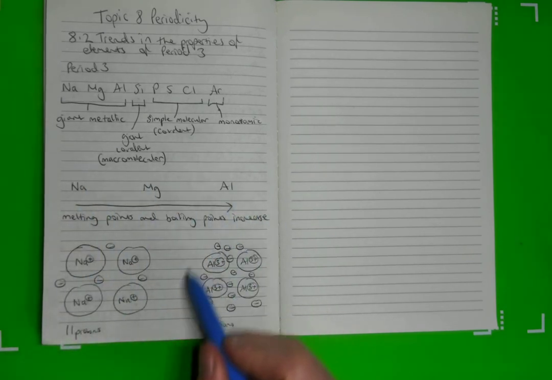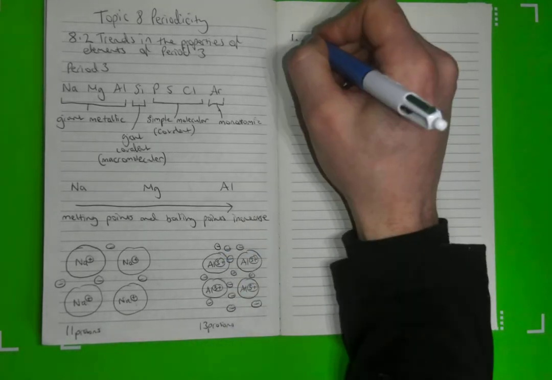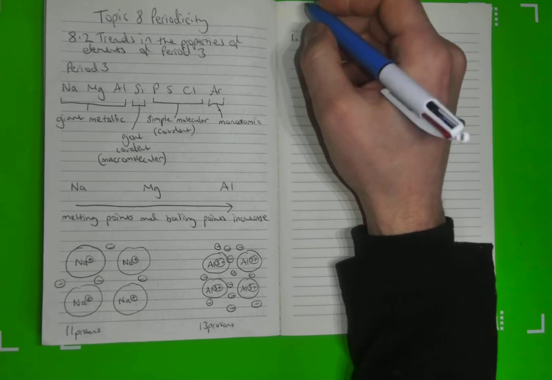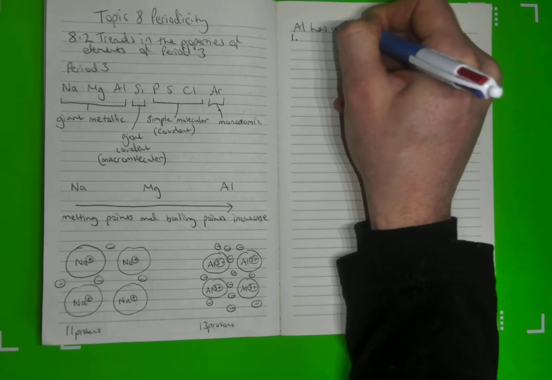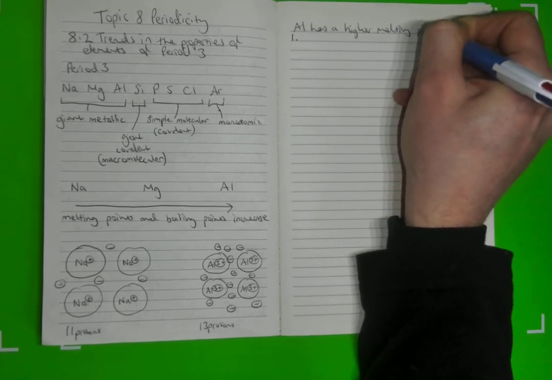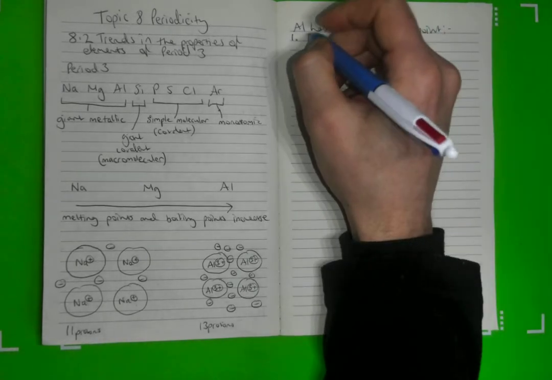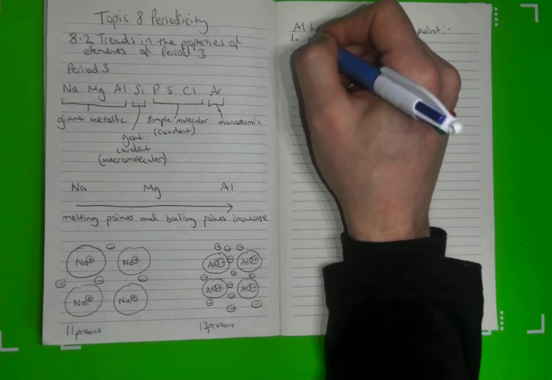Well, the first reason, if we look at this image here, is that we've got a higher charge on the ion. So we explain why aluminium has got a higher melting point. I'm going to write down the reasons here. So the first reason is it's got a higher charge on the ion.